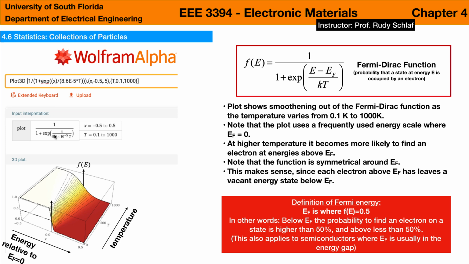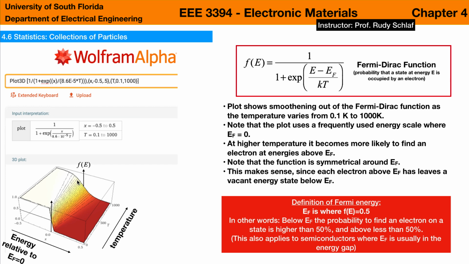Of course, you cannot evaluate the Fermi-Dirac function at temperature 0 because we would have to divide by 0, which is not possible. So we can only go close to 0, but you see it's pretty much a step function here. And then as we go to high temperatures, to 1000 Kelvin, the Fermi function smoothens out very nicely here.